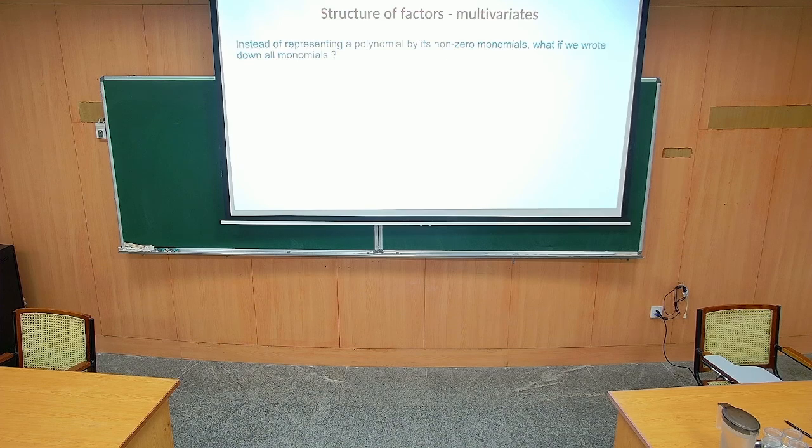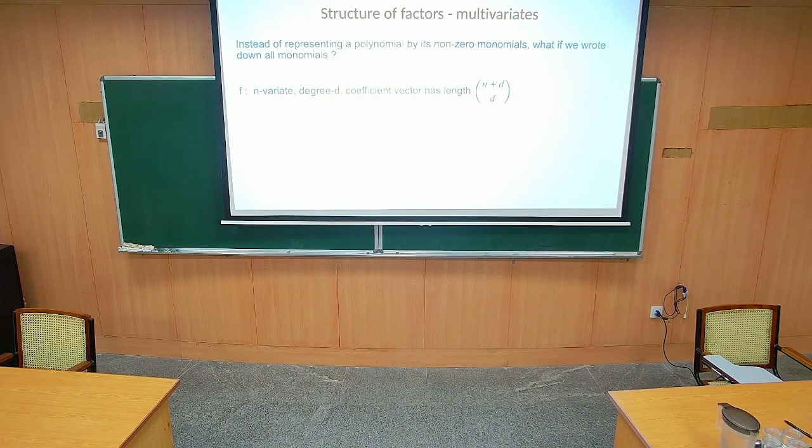So we can ask for other representations of polynomials. Instead of representing a polynomial by its non-zero monomials, let's write down all monomials. I tell you the degree of a polynomial, it can have so many monomials. Just write down every monomial, with a lot of them having coefficient 0. That's a representation, oddly called the dense representation: the polynomial is really sparse, but it's embedded in a big coefficient vector.